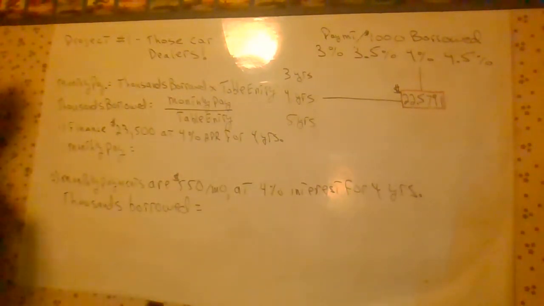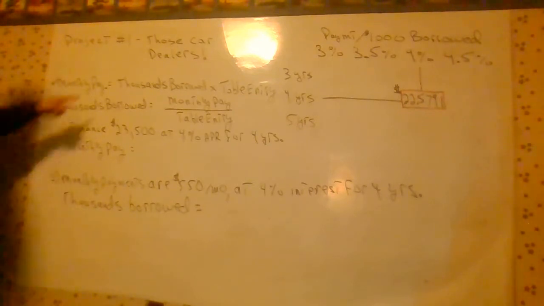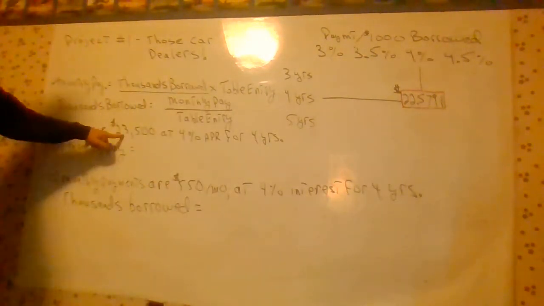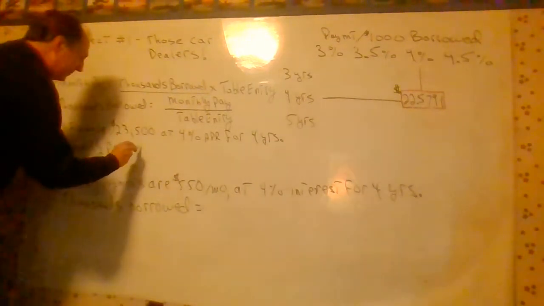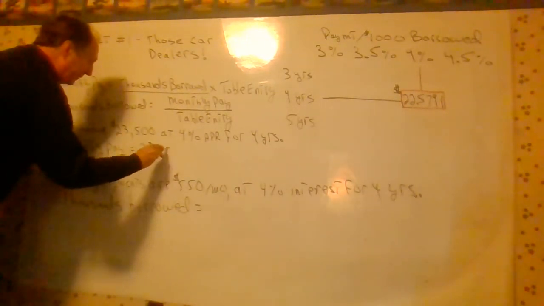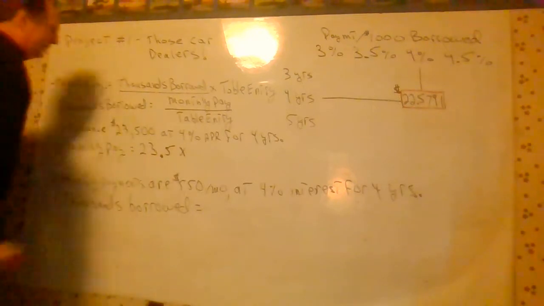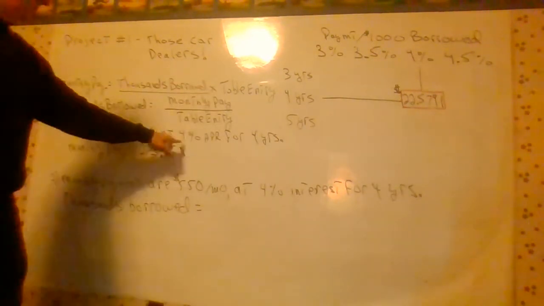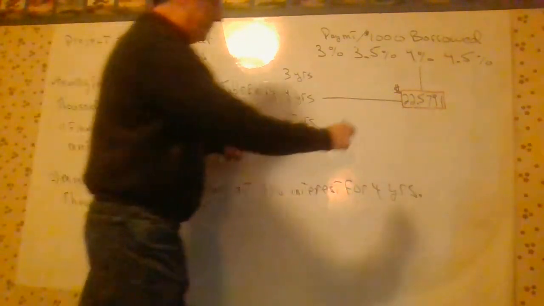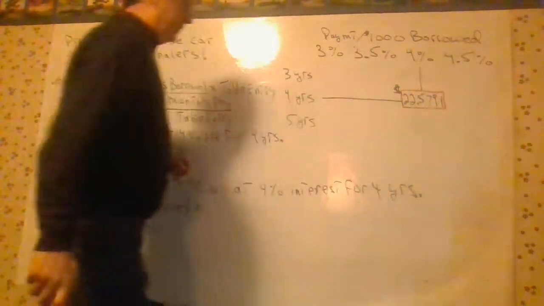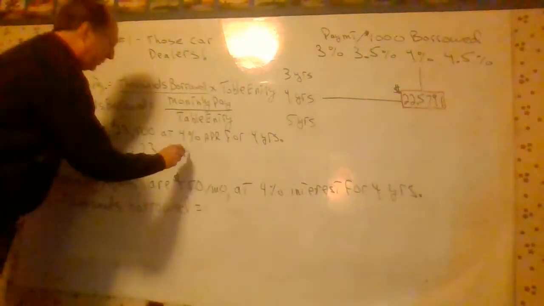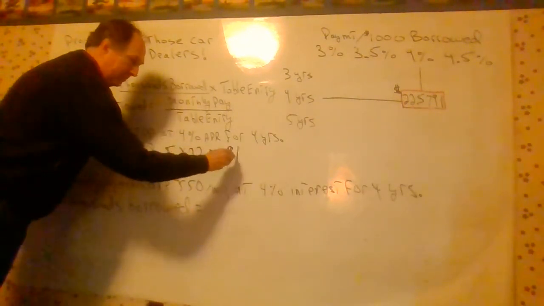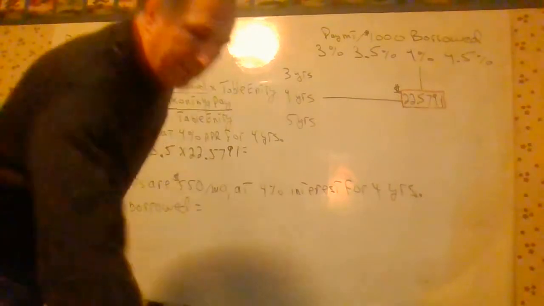Our monthly payment, we're going to use this formula, thousands borrowed. Well, we're borrowing $23,500, so we're going to do 23.5 times a table entry. Now I happen to choose 4% at 4 years, so we go to the body of the table, 22.5791. And then we have to multiply.